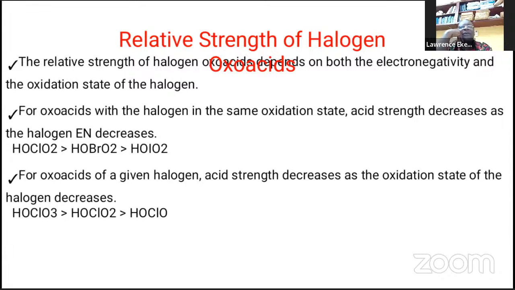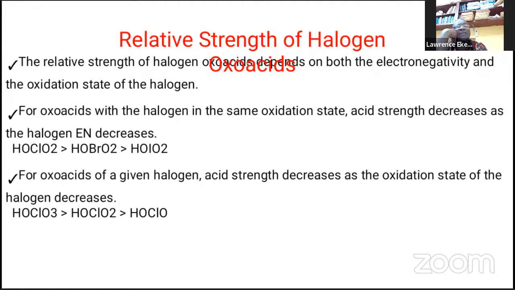So if you have the chlorous oxyacid, the bromous oxyacid, the iodous oxyacid in the same oxidation state of +1 or +3 or +7, the acid strength decreases. Why? Because the electronegativity decreases. So the reason for the difference in their strength is electronegativity, because here the oxidation states are the same.